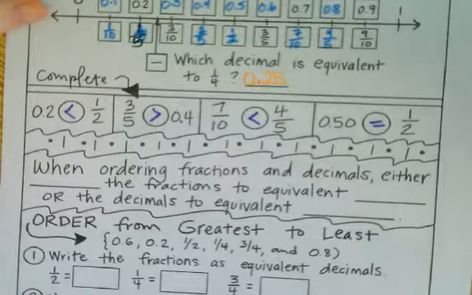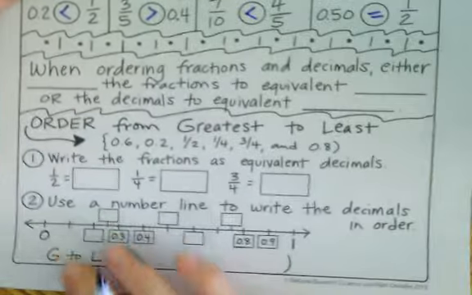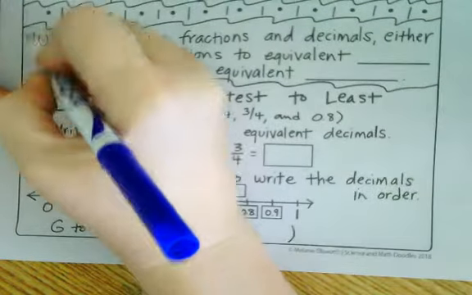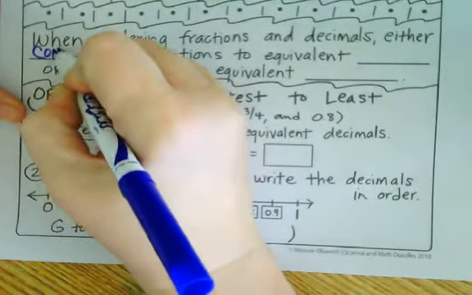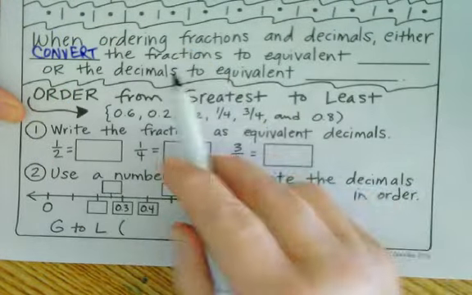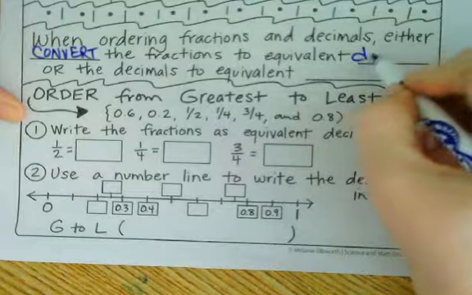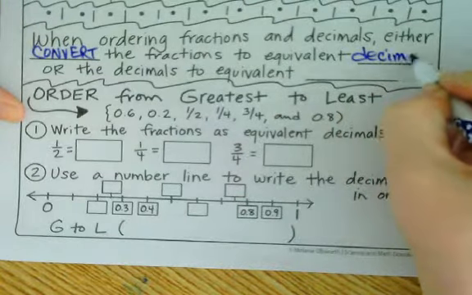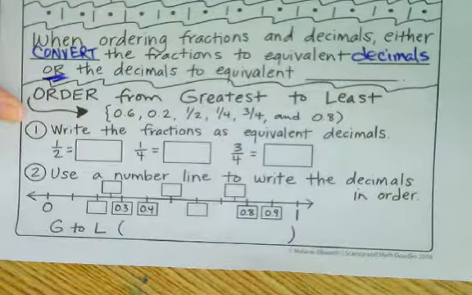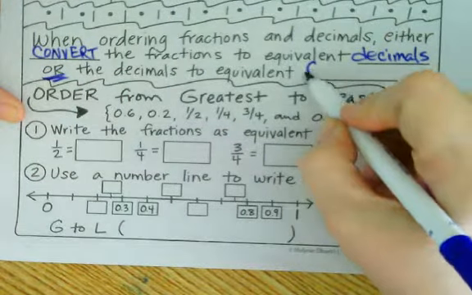Okay, so here's the secret. When you're dealing with fractions and decimals together in the same problem, when you're trying to put them in order, you want to either convert the fractions to equivalent decimals, or the decimals to equivalent fractions.